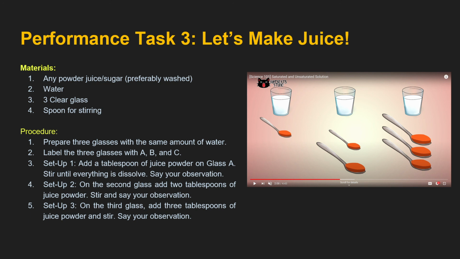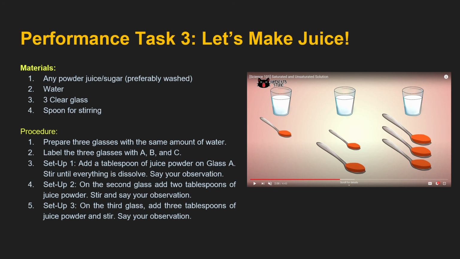Then, stir hanggang sa mawala yung lahat. Then, isulat ang observation. Next, ganoon din ang gagawin mo sa setup B, pero 2 tablespoon. Then, say your observation. Then, setup 3, 3 tablespoon. Stir and say your observation.